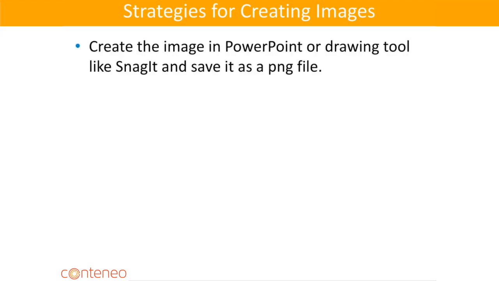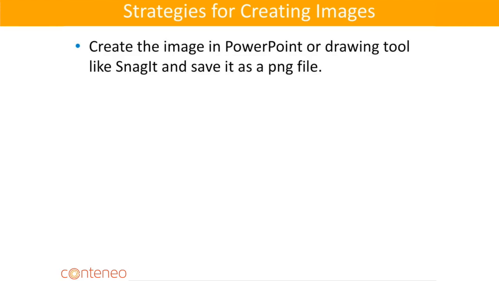Now let's talk about a few strategies that you can employ to create images or leverage images off the internet. The first is that you can create the image in PowerPoint or a drawing tool like Snagit and save it as a PNG file. This is how we often work at Contenio for business-oriented images where I'm going to have things like rectangles and circles and squares and things like that.